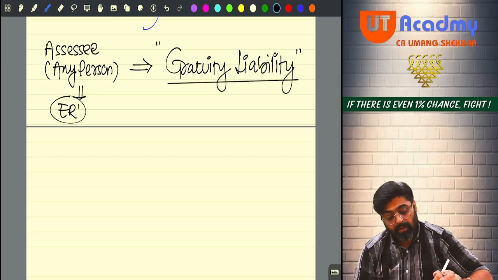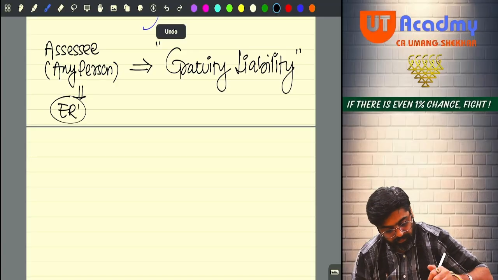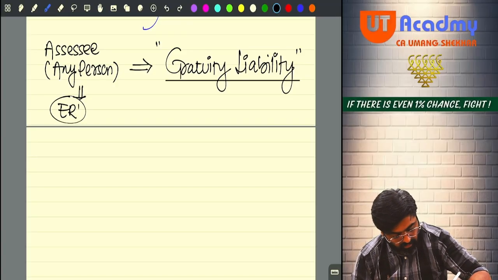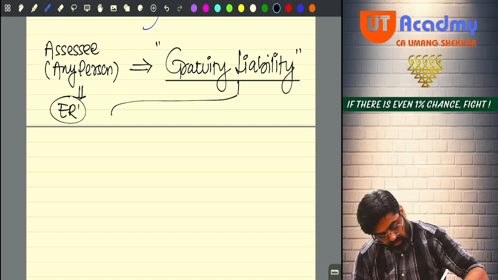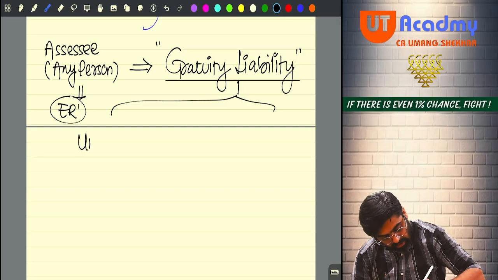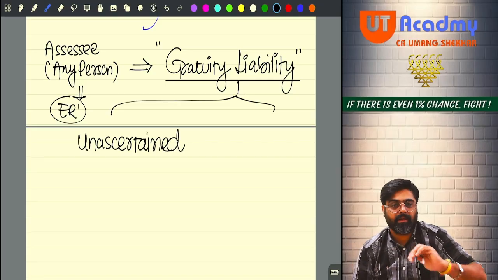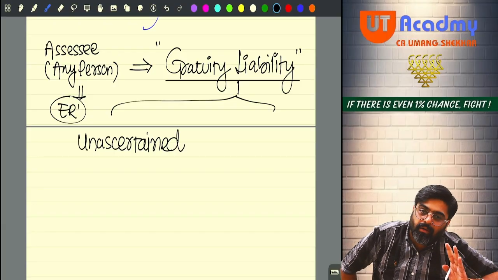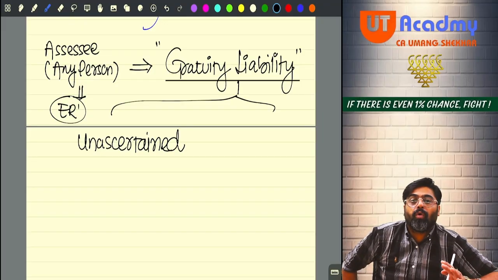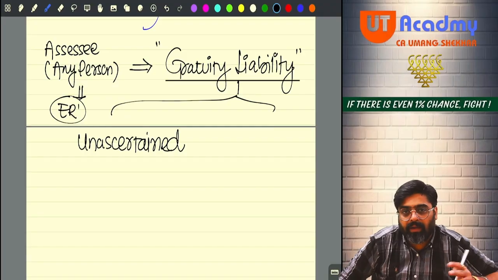Yes or no? But this gratuity liability, assessee, is unascertained. What did I say? It is unascertained right now. You know that you have to pay the gratuity to those employees who will retire from your organization, who will leave your organization.